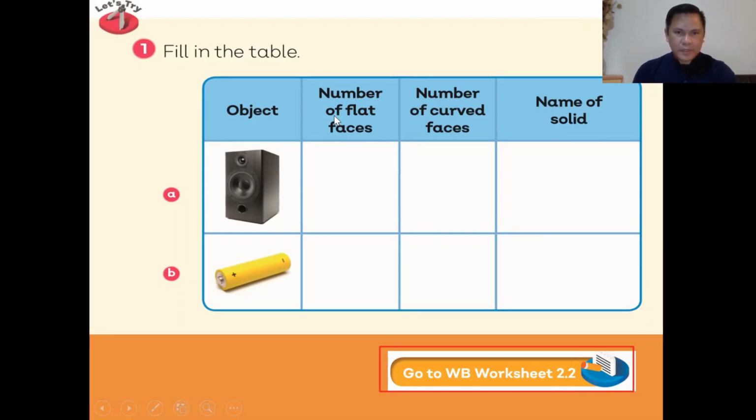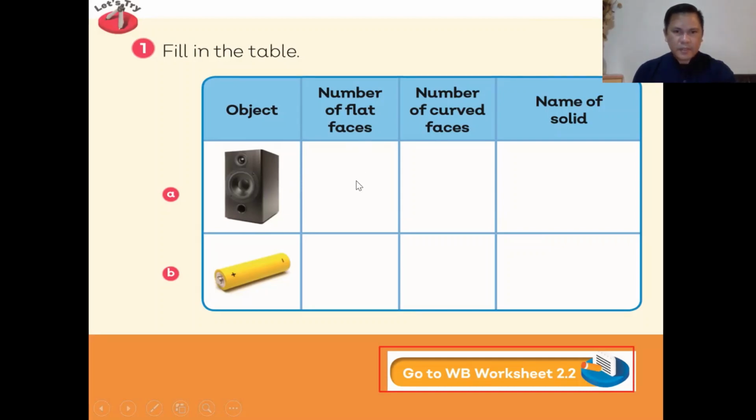Can you count the number of flat faces? So how many flat faces do you see on the speaker? Okay, let's count. 1 from the top, and the bottom is 2, 3 and 4 the right and left sides, back 5, and front is 6.